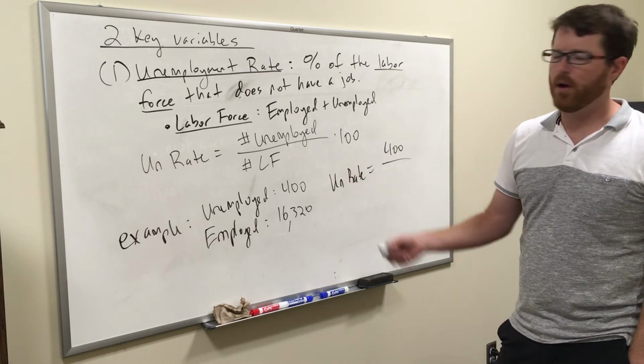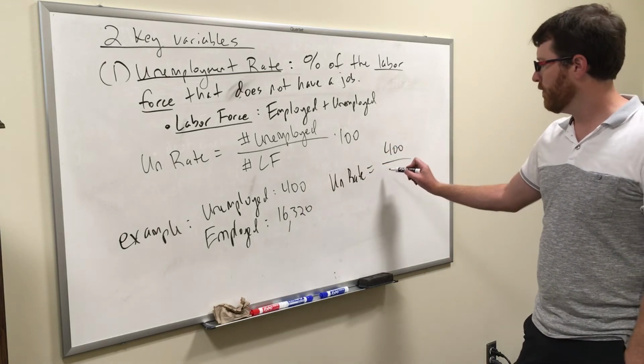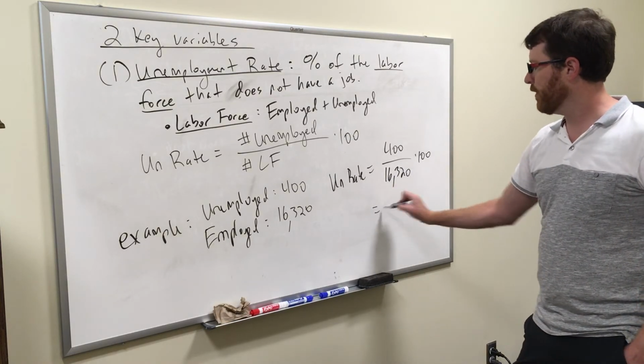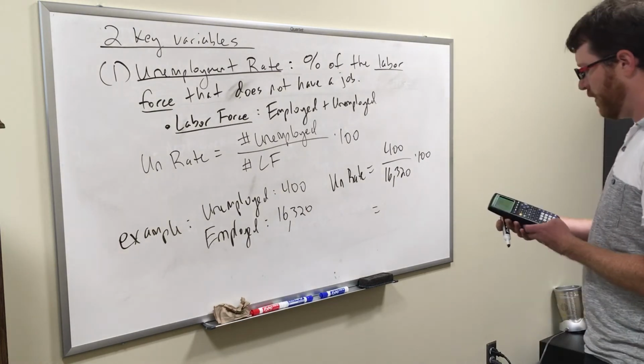This is the labor force. All the people that don't have a job but are trying to work, and all the people that really are working. So divide that by 16,320, multiply that times 100, and that gives us the unemployment rate.